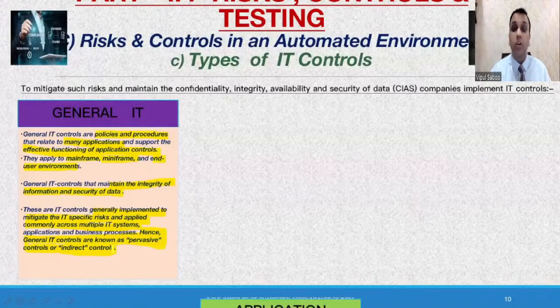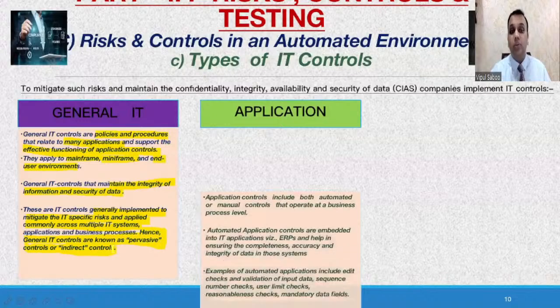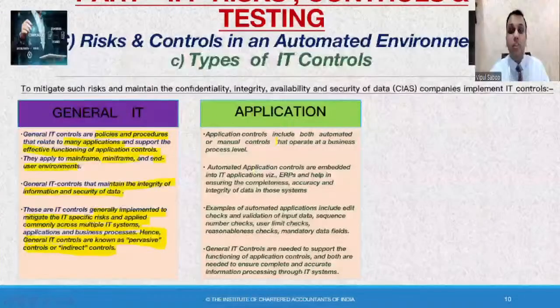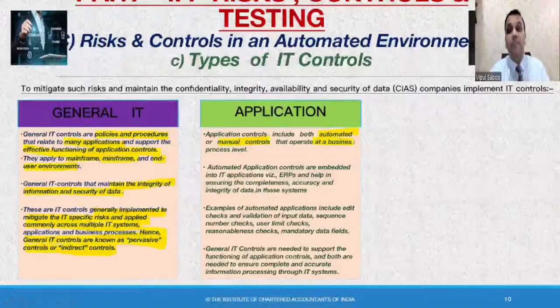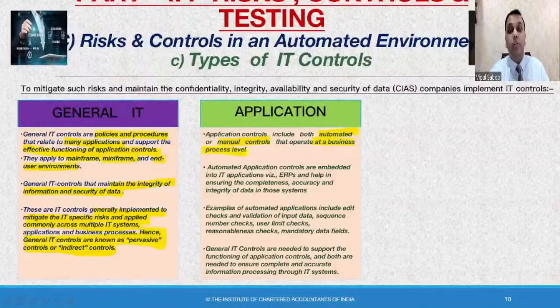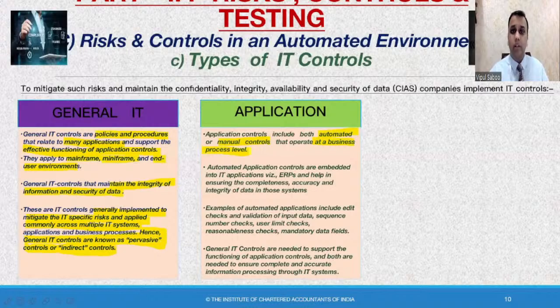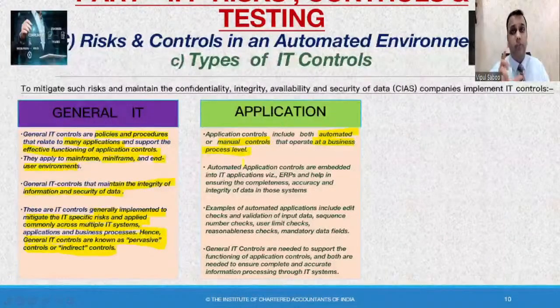Now coming to application controls. Application controls include both automated or manual controls, manual where human intervention is required, that operate at a business process level. As I told you, I took up two different businesses. There is construction business, there is the service industry, hotel business. So there would be specific software; somebody would be using different software.